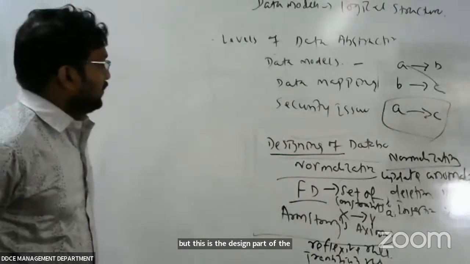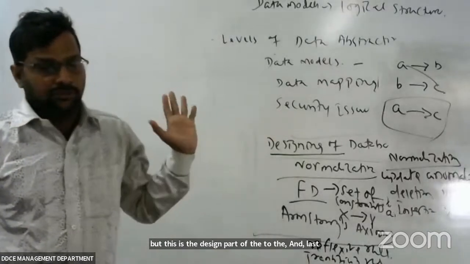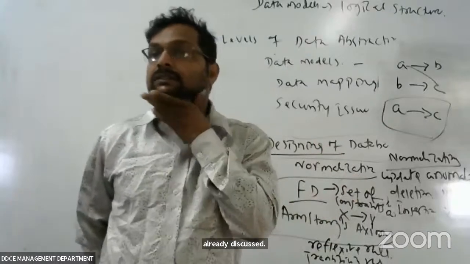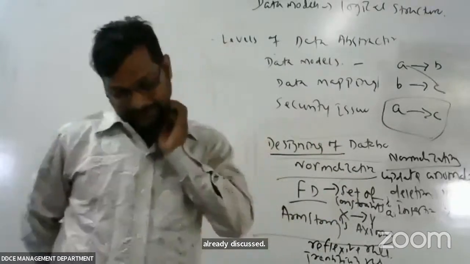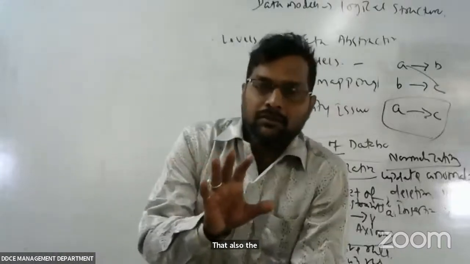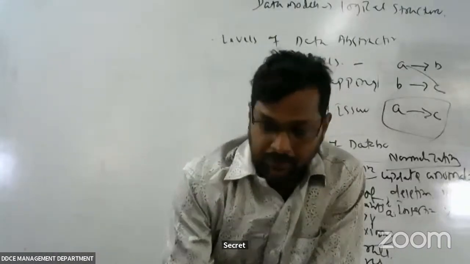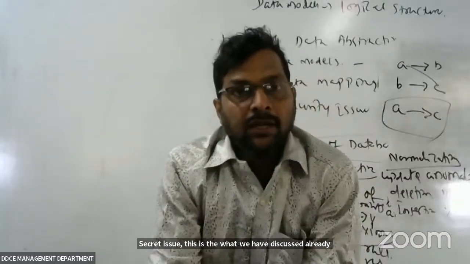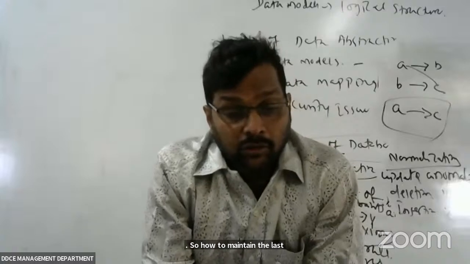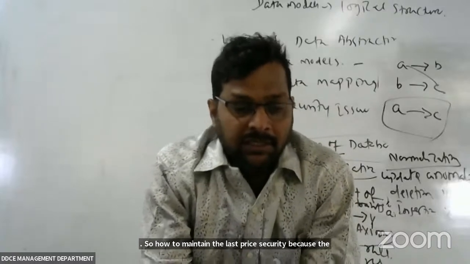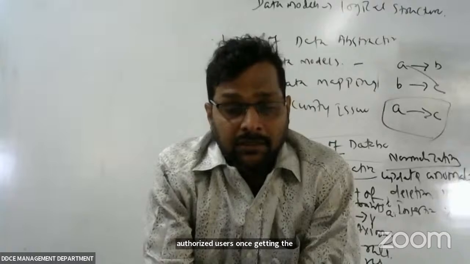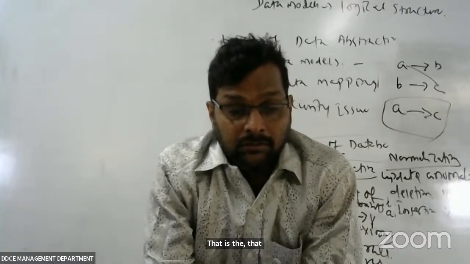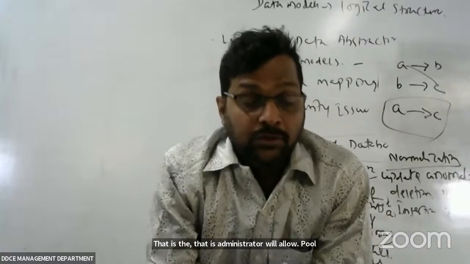And the last one is the security issues. Security issues we have already discussed. So how to maintain layer-wise security? The authorized users get a user ID and password, and the database administrator will allow them to use the database.